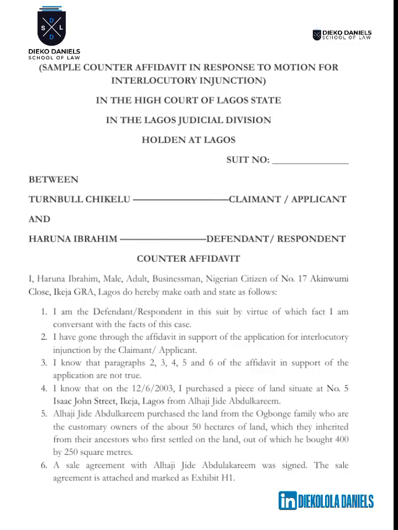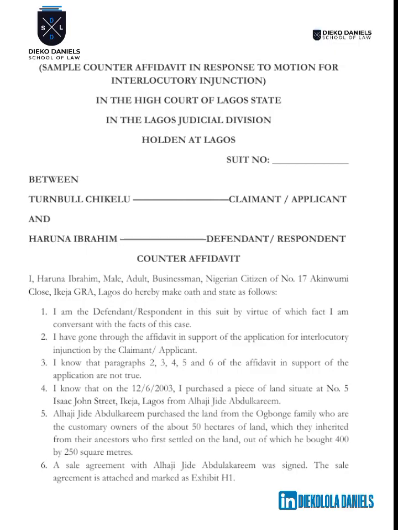But at least you get the point that we are making here. If you read through this whole affidavit, I don't want to go through the whole of it in this class because it will make our class too voluminous. But if you read through this affidavit, you are going to see that for every paragraph there is one information that is given, which is the rule of affidavit. After we've talked about the introductory part of an affidavit, we then go to each of the paragraphs in that affidavit.